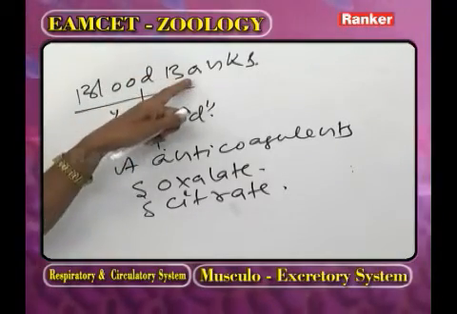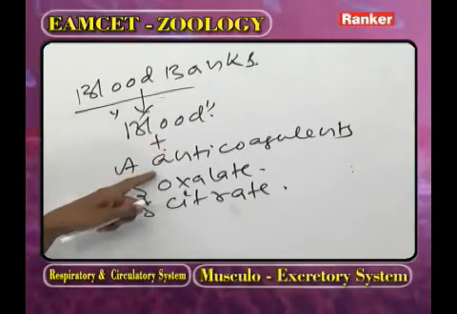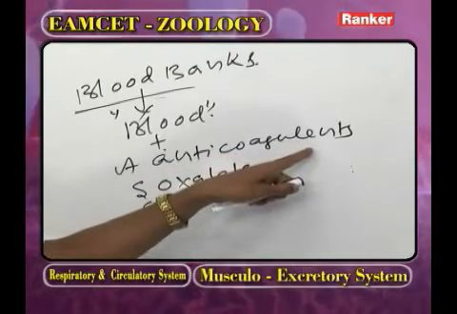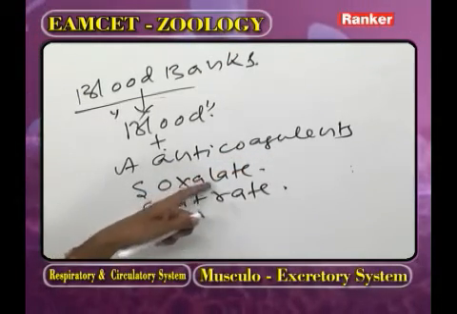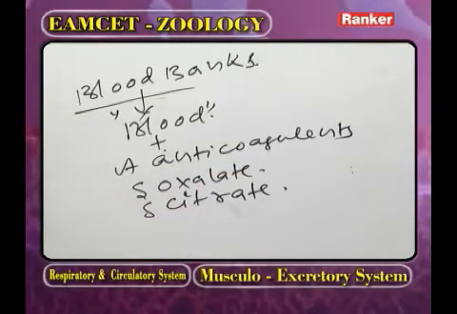In the blood banks, the blood is mixed with artificial anticoagulants. What are the artificial anticoagulants? Sodium oxalate and sodium citrate. In order to store the blood, it is mixed with these artificial anticoagulants, one is sodium oxalate, one is sodium citrate.